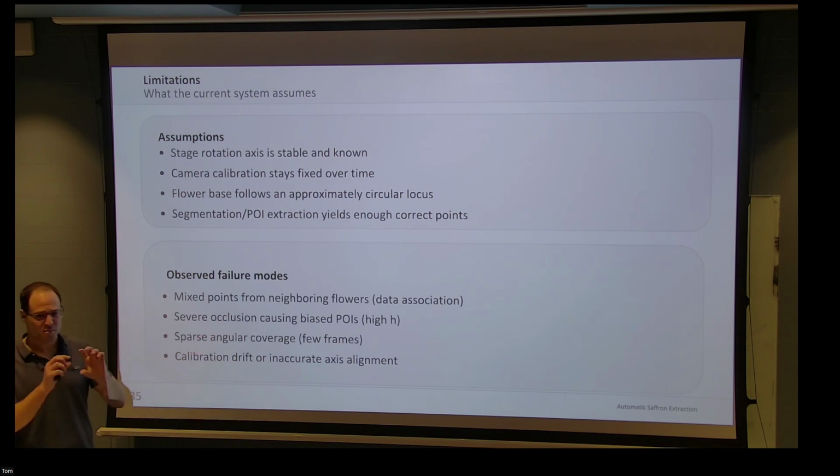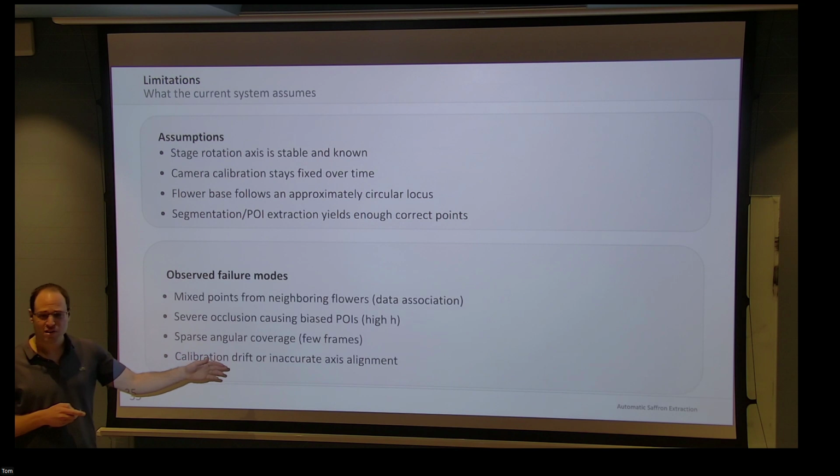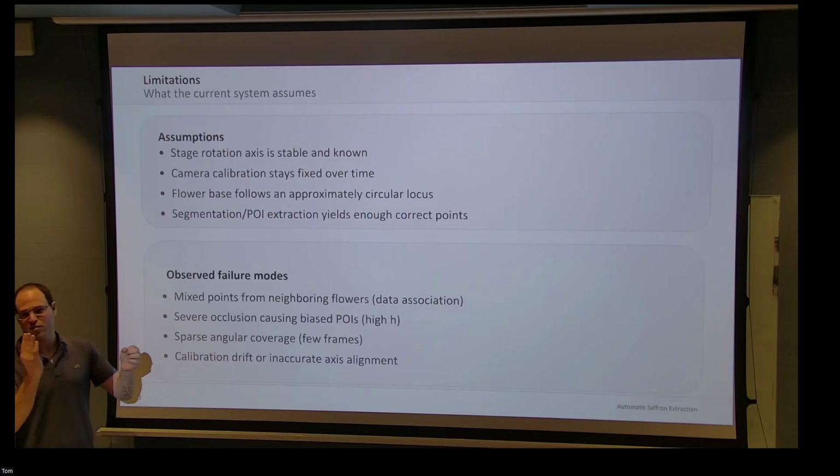We also have sparse angular coverage, with few frames, which we talked about, and calibration drift. That's why we improved the calibration, using the rotating axis of the calibration board, to make it more accurate, even though the camera is quite simple and the resolution not so high.